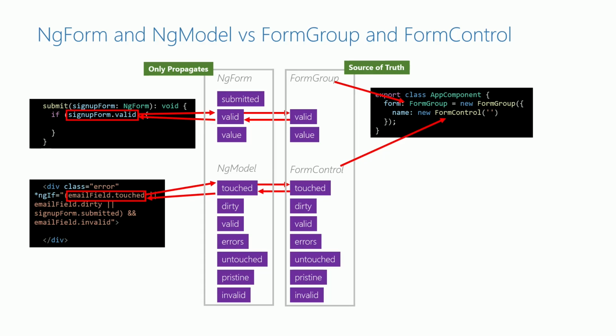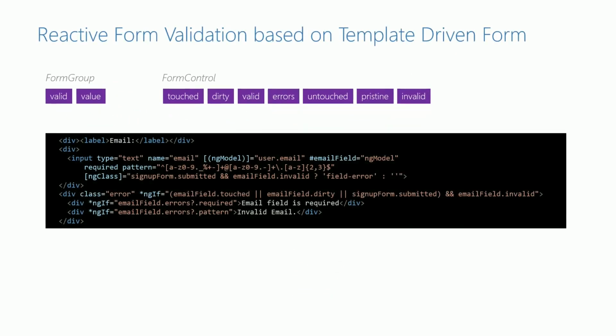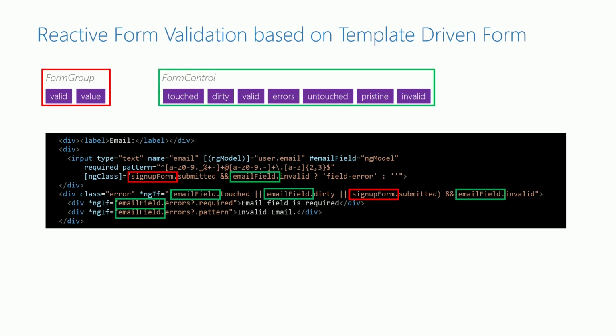From the explanation provided so far, it is clear that these classes contain necessary properties to implement validation. Using the same approach used in HTML template of template-driven form, we can implement validation in the reactive form example. In the place of NgForm object, we will use FormGroup, and in the place of NgModel object, we will use FormControl.